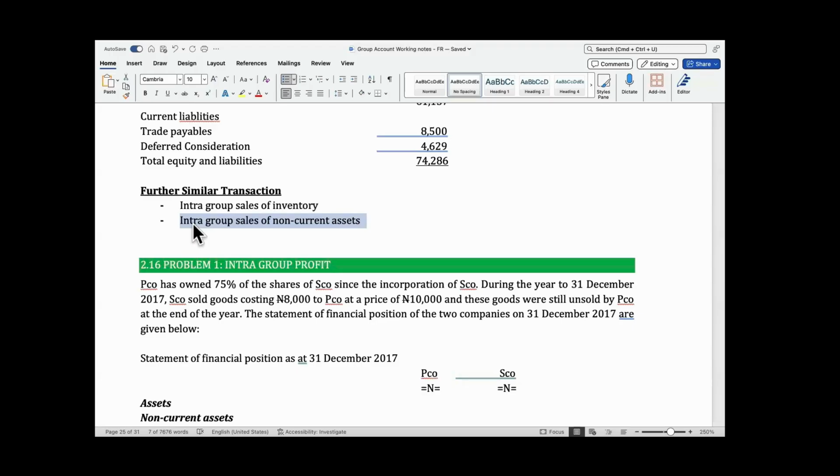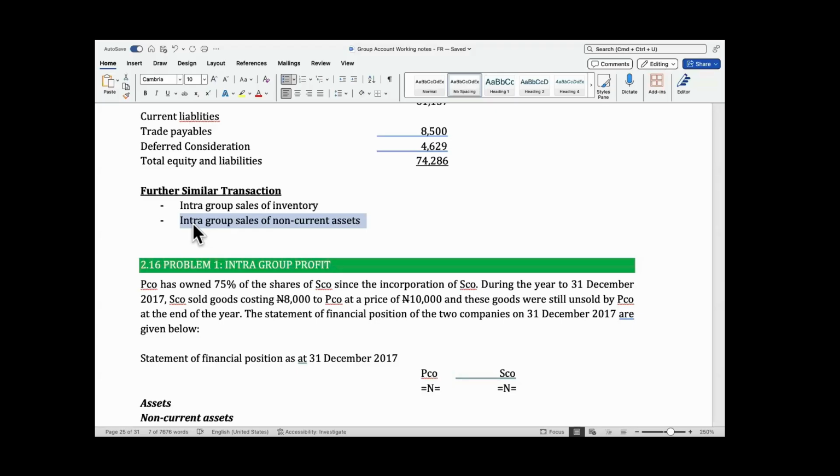Remove it. Just that when they sell non-current assets to one another, especially if it is a depreciable asset, the party that bought the assets will have been depreciating the assets. And the base of that depreciation, which is his cost, would have an element of profit.